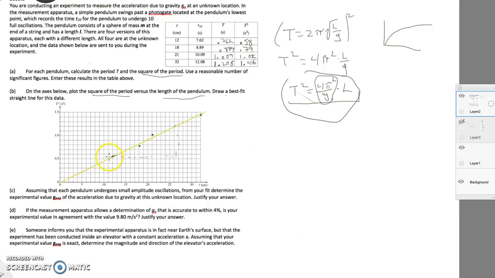So let's say that's a change of about from here to about right here.